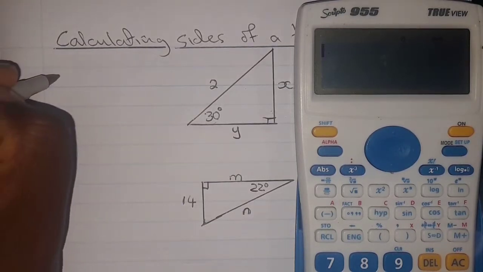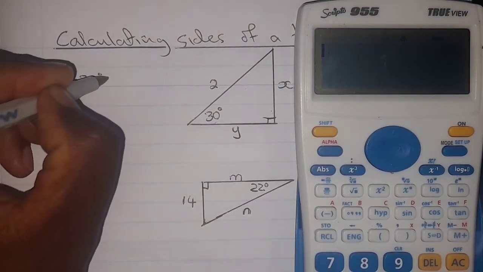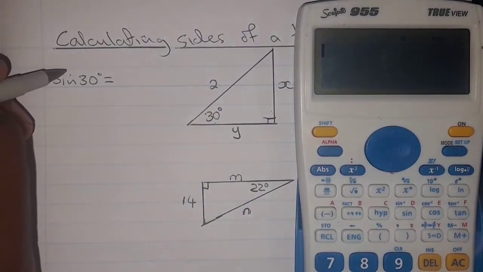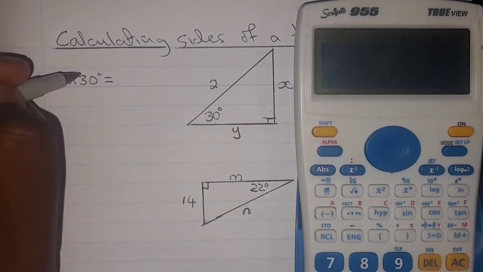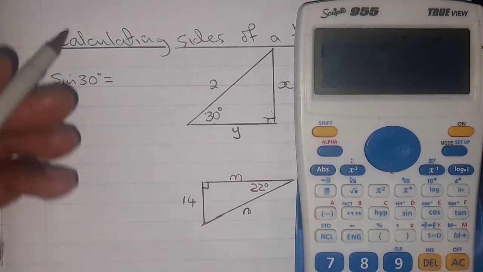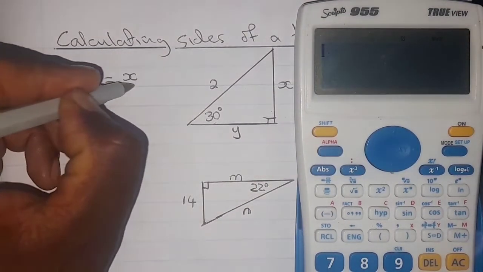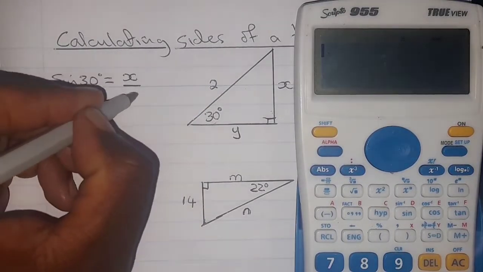That is sine theta. So you use sine 30 degrees is equal to opposite over hypotenuse, and our opposite is x, so this is x over the hypotenuse, which is 2.